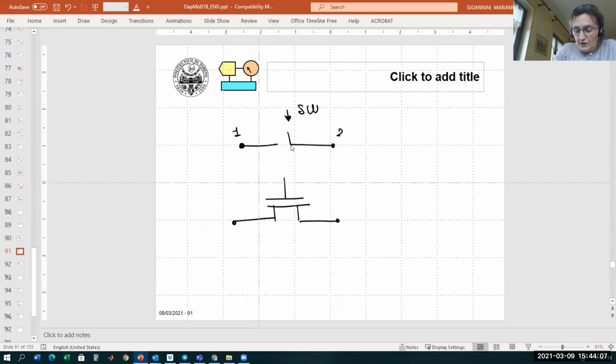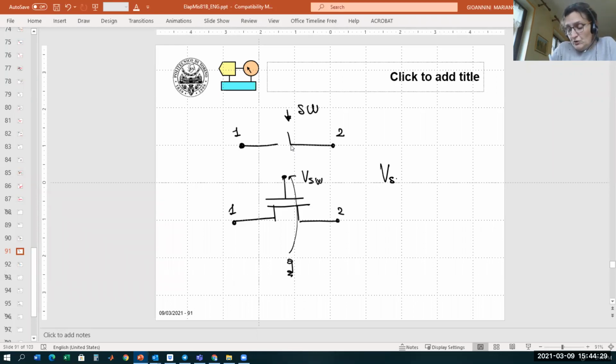This is node 1 and this is node 2. And you apply the control voltage to the gate of the MOS, and this is the switch control voltage.